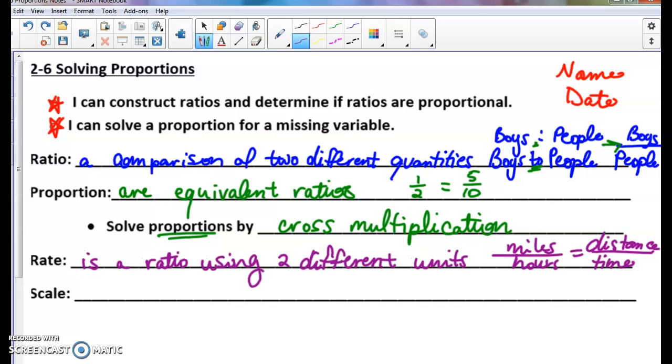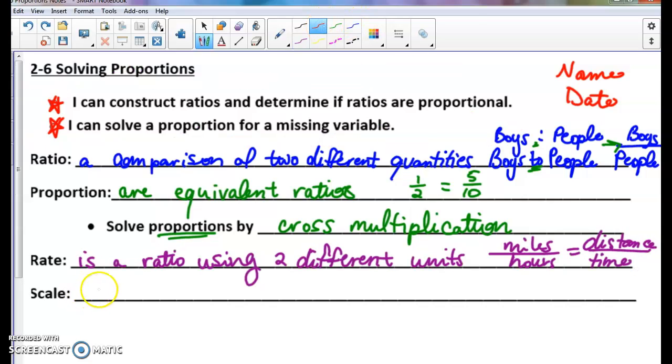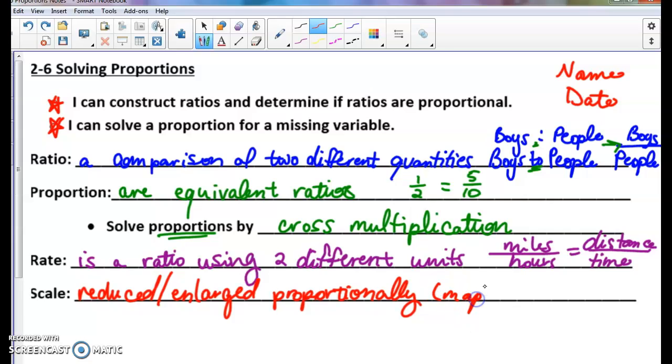And last one is scale, and scale is something that has been reduced or enlarged proportionally. And one of the biggest things about that is like maps. If you think about it, a map has a scale.